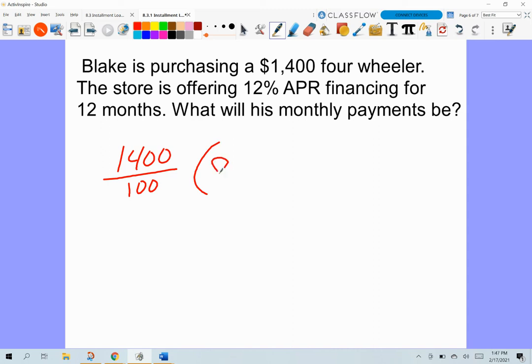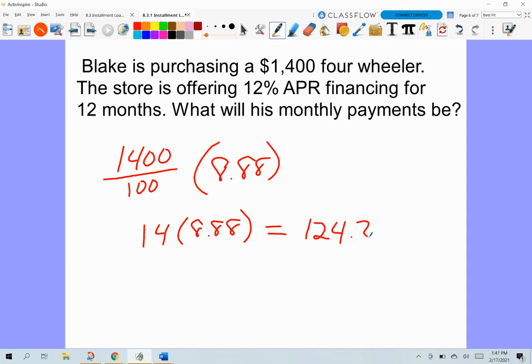If it were a $100 loan, it would be $8.88 a month. So he's going to be paying $1,400 divided by 100 is 14, times 8.88. So Blake's payment is going to be $124.32.